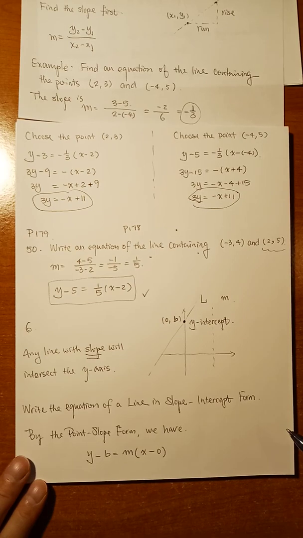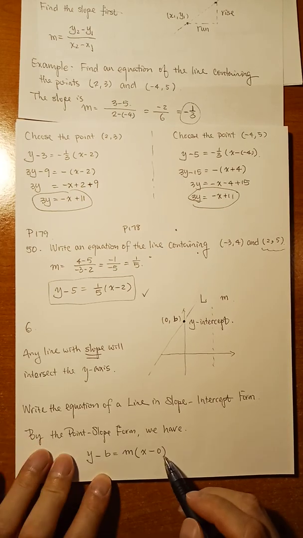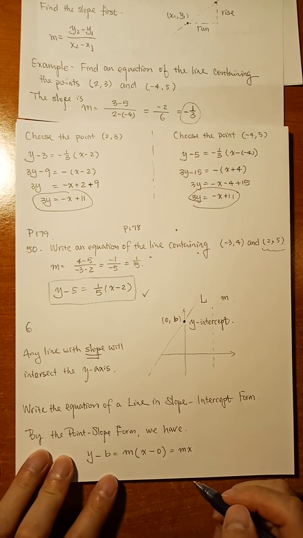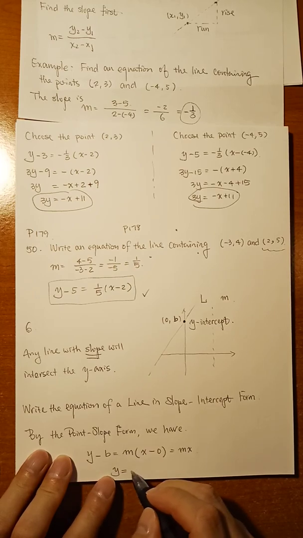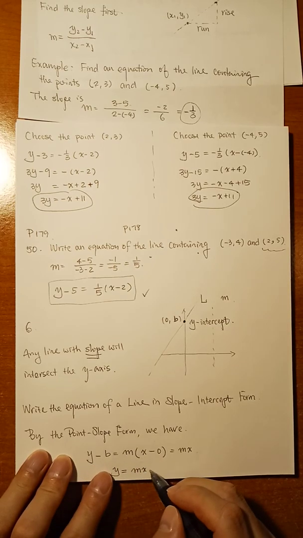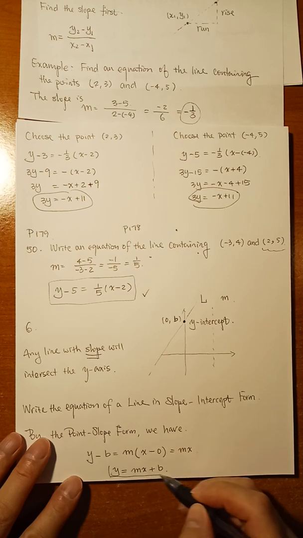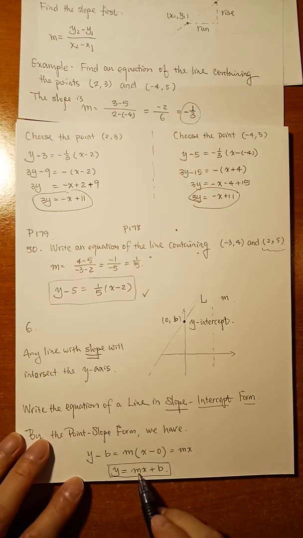We just use the special point, the y-intercept. x minus 0 is just x, so this is mx. And y minus b is mx, so what is the formula? y is mx, you move b to the right side, plus b. y equals mx plus b. This is the so-called slope-intercept form.